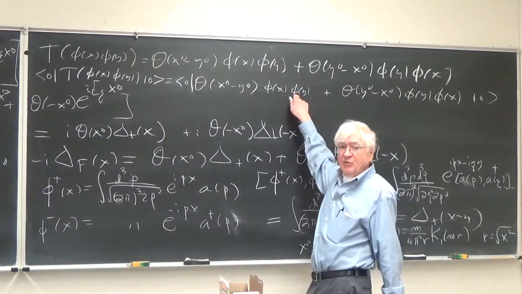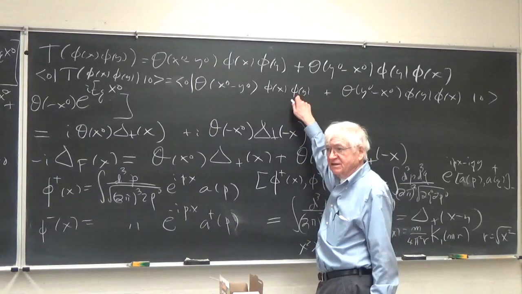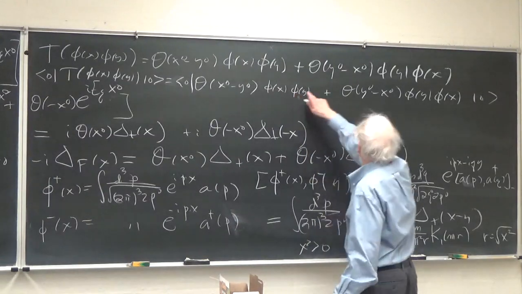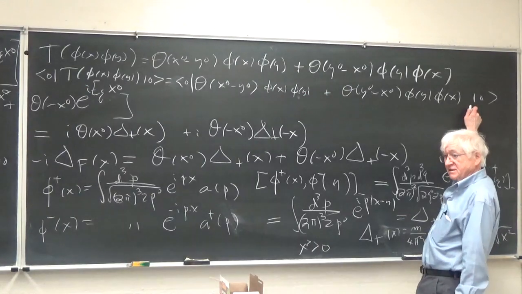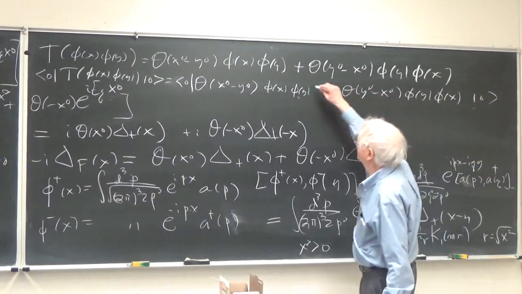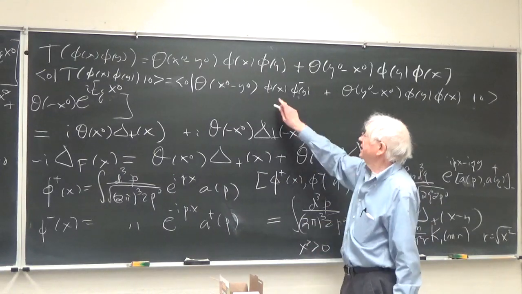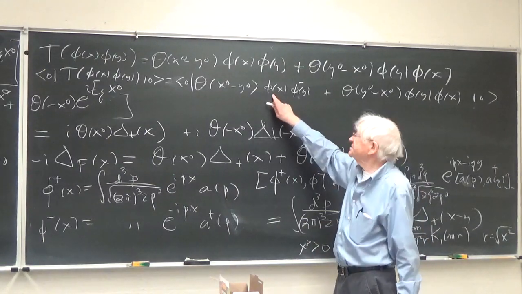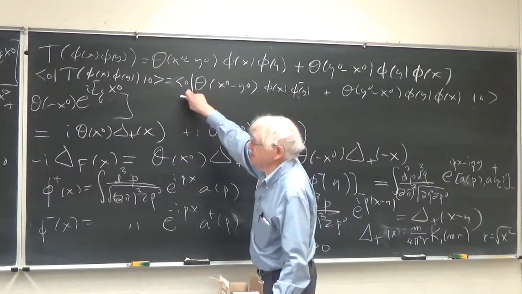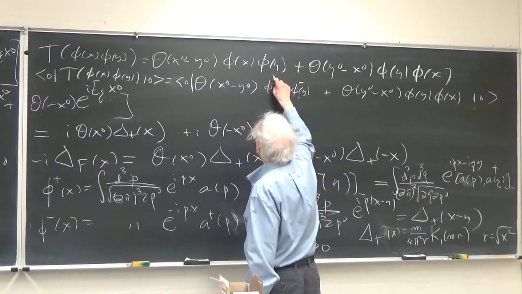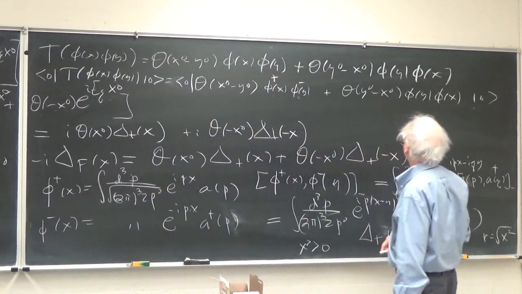If we have a phi y here, the phi plus annihilates the vacuum on the right, so we can drop it, and so we only get phi minus there. On the other hand, phi of x, the only one that doesn't annihilate the vacuum here, is the positive frequency part.